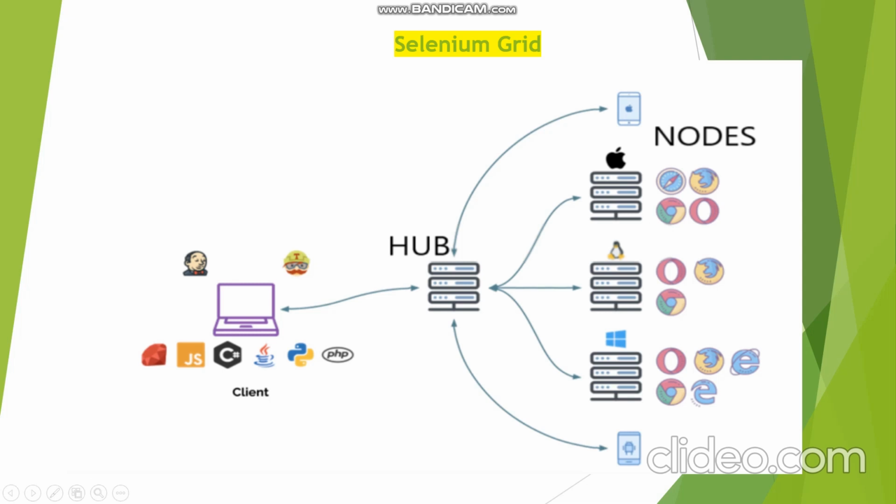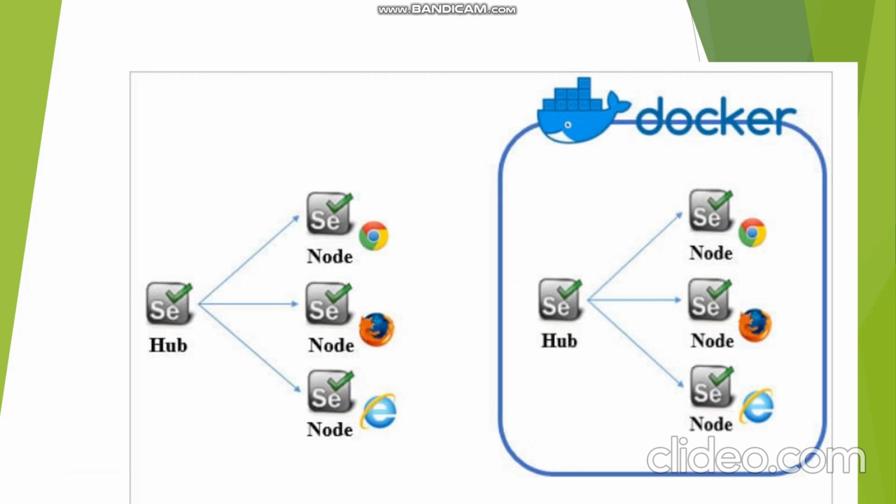So to avoid this disadvantage, we have the concept of Selenium Grid with Docker. If you can see, the first diagram on the left side is Selenium Grid, where every hub and node are different physical machines.